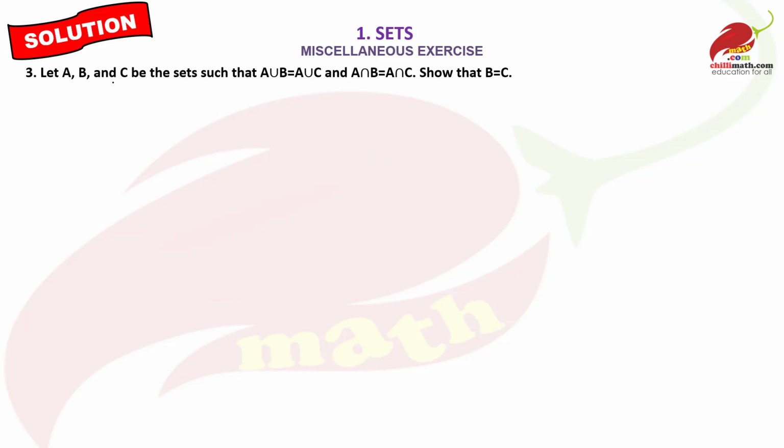Third question is, let A, B and C be sets such that A union B is equal to A union C and A intersection B is equal to A intersection C. Show that B is equal to C. We are given A union B is equal to A union C. Both sets are equal, so intersecting with the same set will also give the same result.